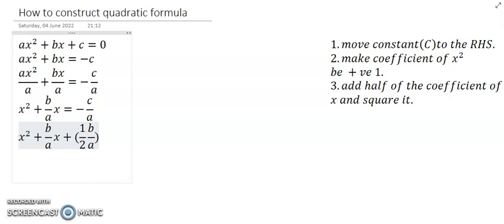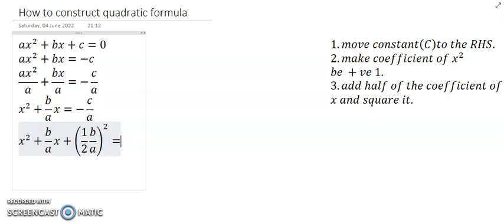Let's square it guys, equal to negative c divided by a plus that half times b over a, and also squared.